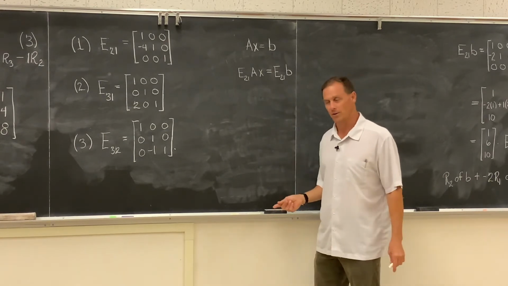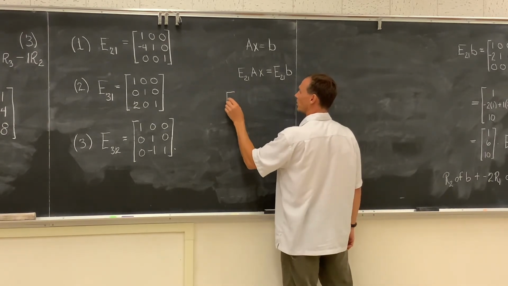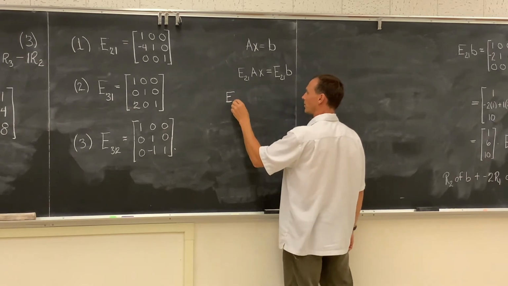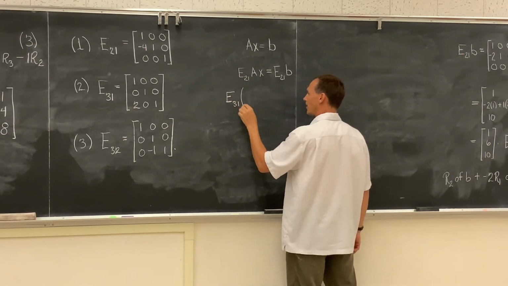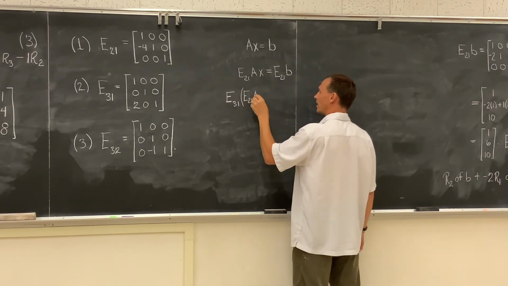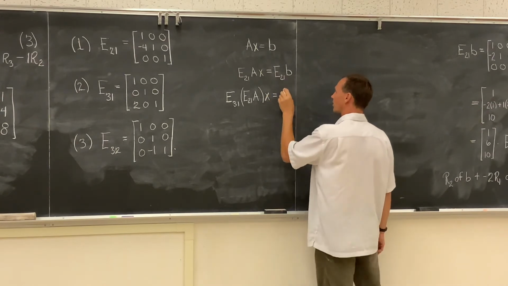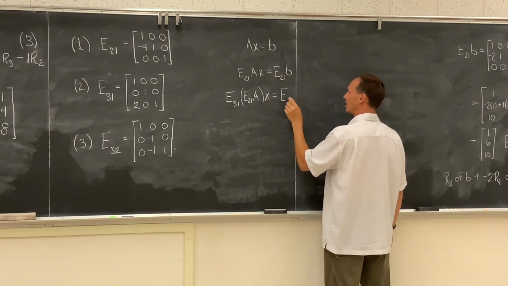But then what did we do? Well, then we took this and we multiplied it again. We made another row operation. That was E3,1. And we did that to the result of E2,1 AX. And we did that over on the other side too.